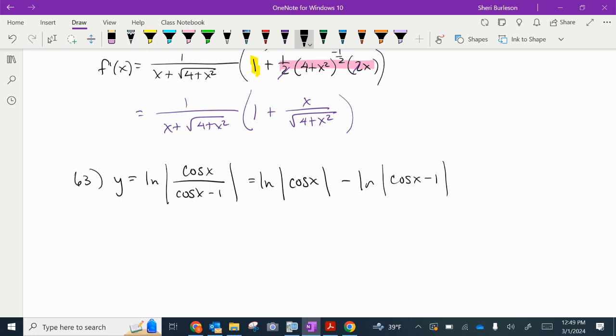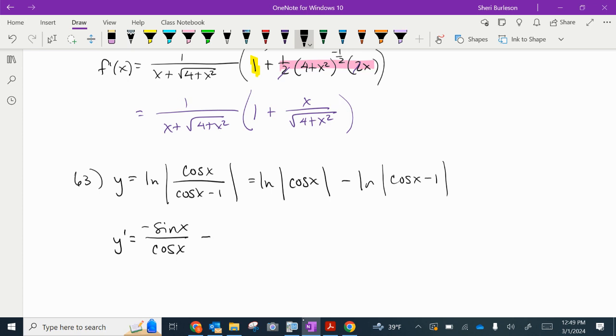If I have division inside, I can have subtraction of the logs. So now when I find the derivative, the derivative of natural log of cosine of x is 1 over cosine of x times the derivative of cosine of x.